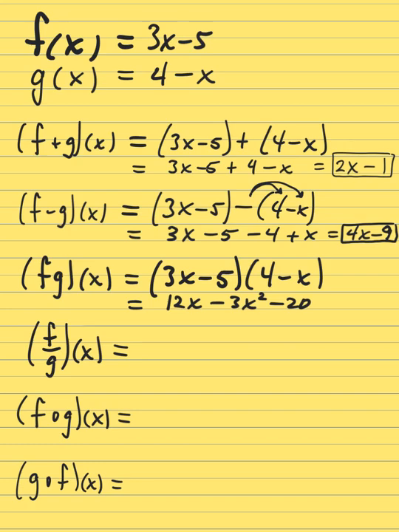And last terms, negative 5 times negative x. Combining like terms and reordering, we're going to get a negative 3x squared plus 17x minus 20. And that is the function that represents the product of f and g.